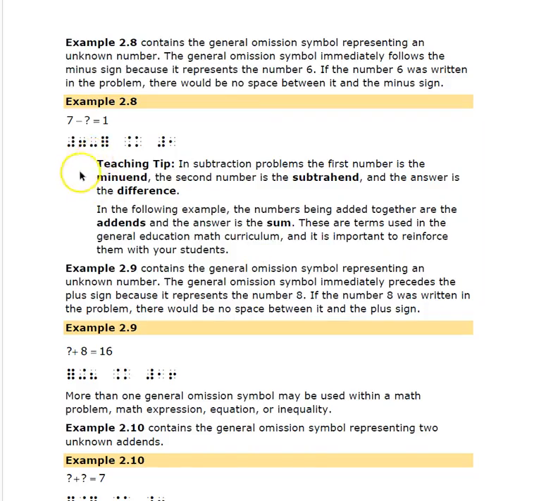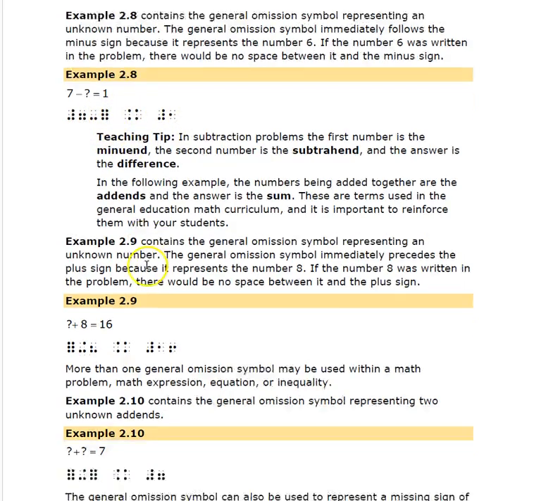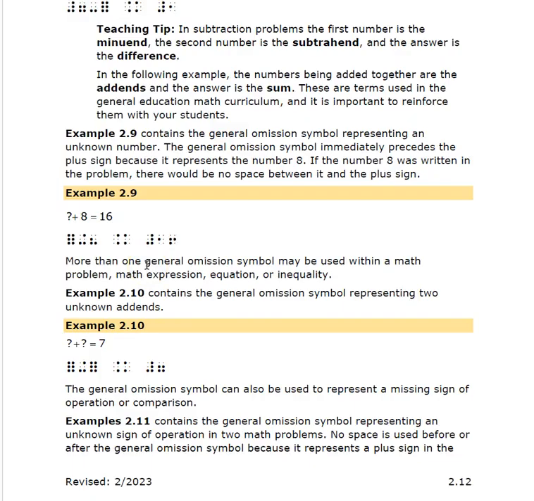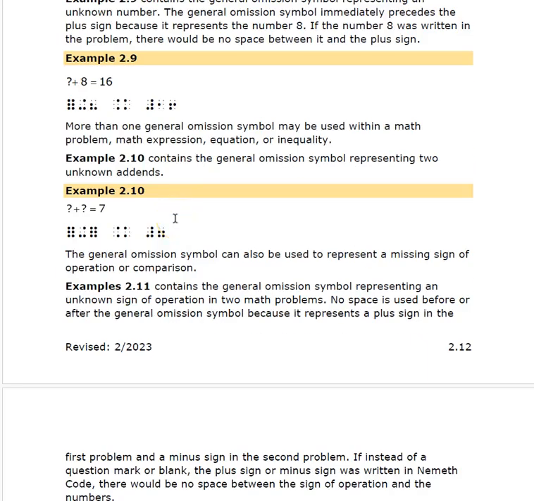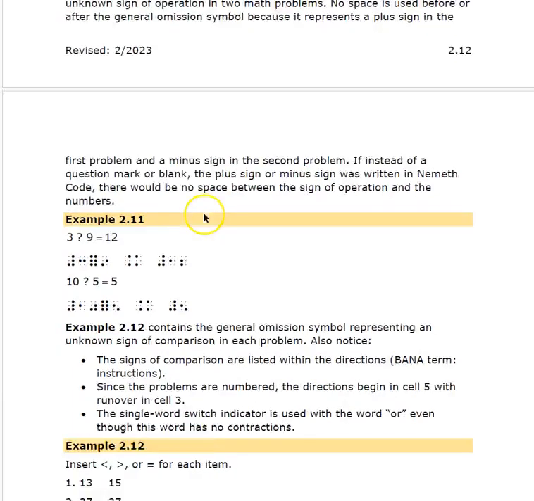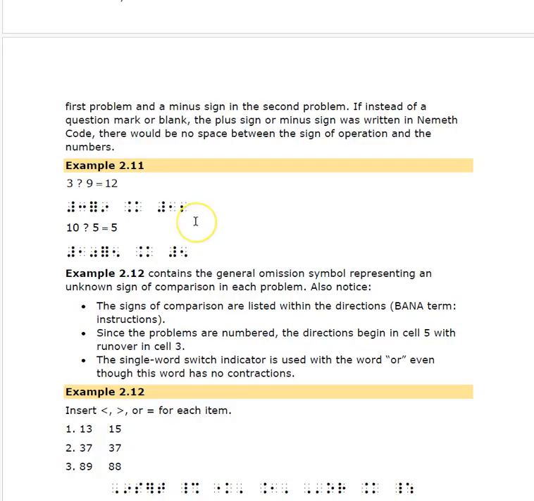So we have 7 minus question mark equals 1. We use the full cell for that. That happens again. If you need 2, go ahead and use that full cell for both. So example 2.10 says question plus question equals 7. There you go.